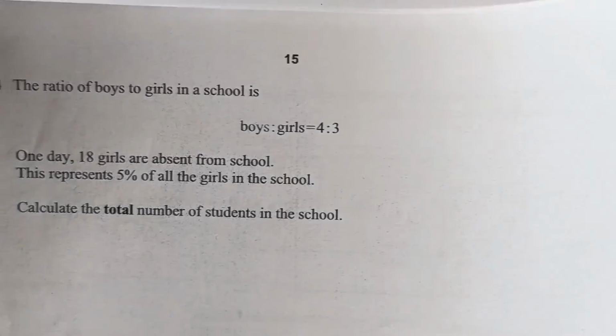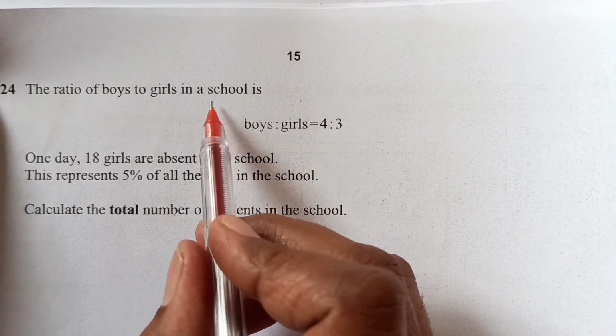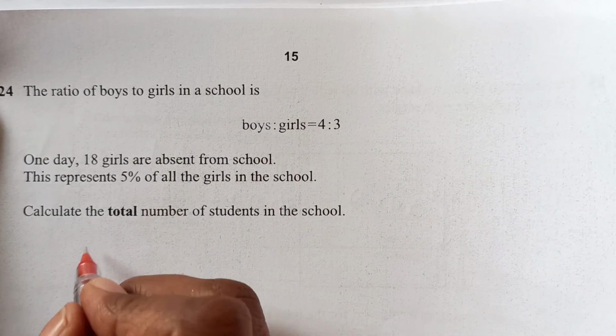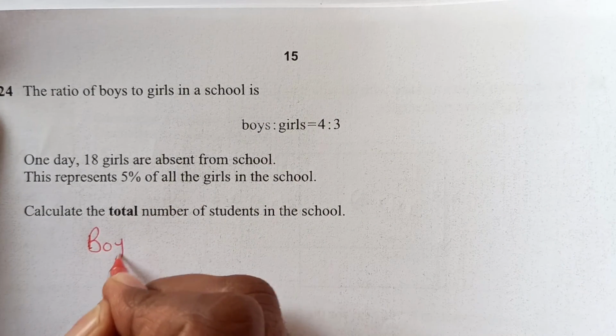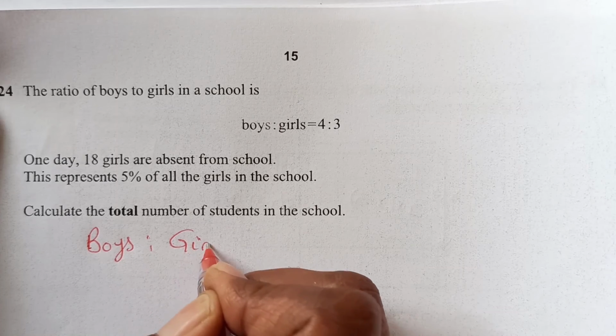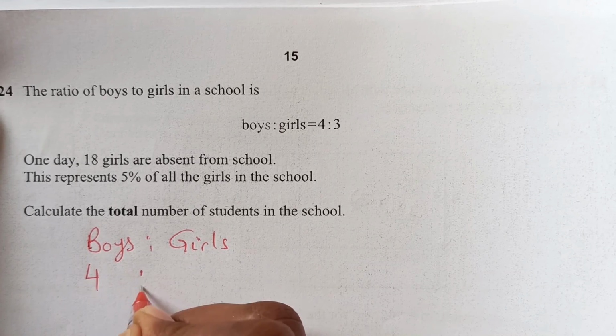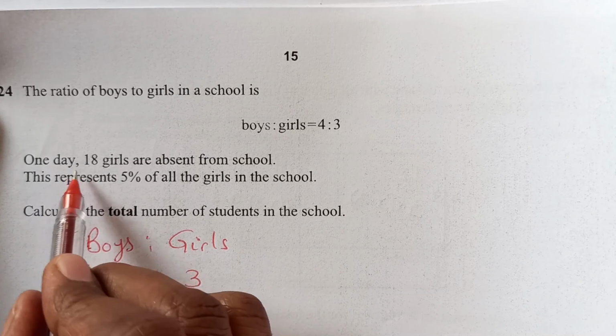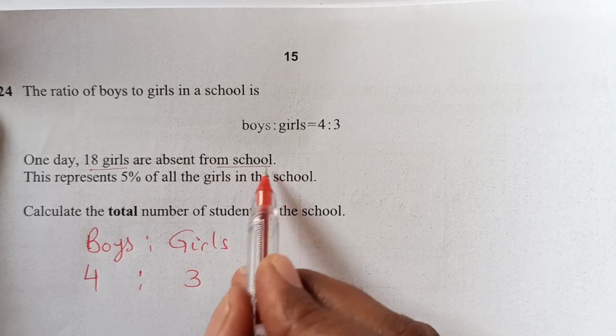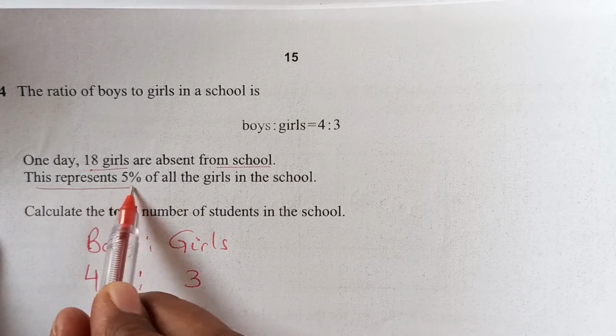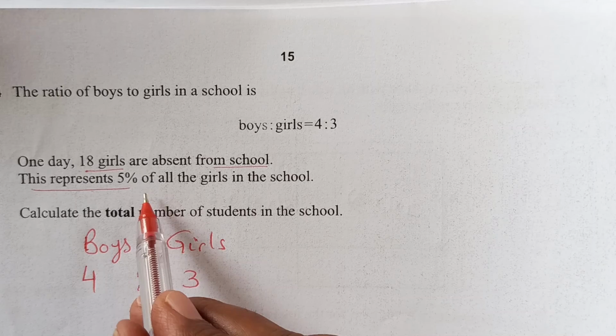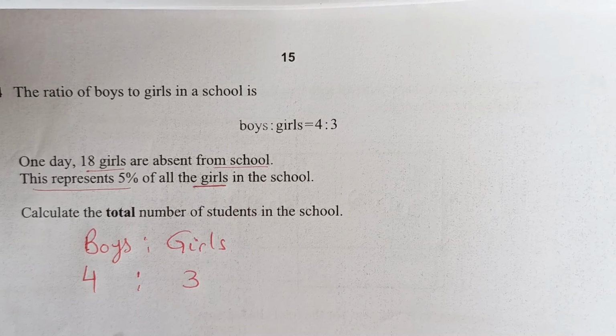So here we have another question. The ratio of boys to girls in a school is 4 to 3. So we have boys here and girls, the ratio is 4 to 3, right? One day 18 girls are absent from the school, and this represents 5% of all the girls in the school.